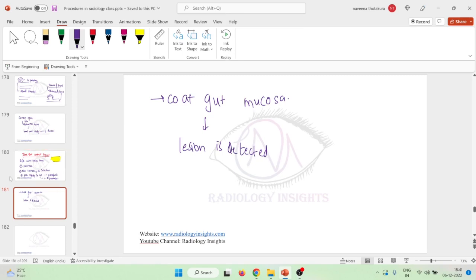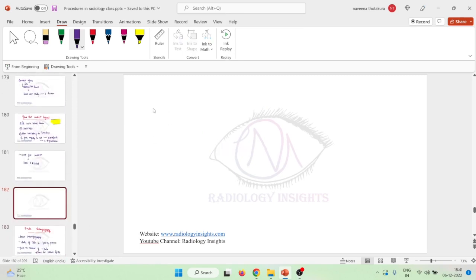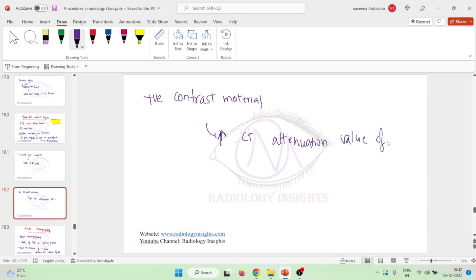One more important thing: a positive contrast material will increase the CT attenuation value of the bowel lumen by at least 40 Hounsfield units.